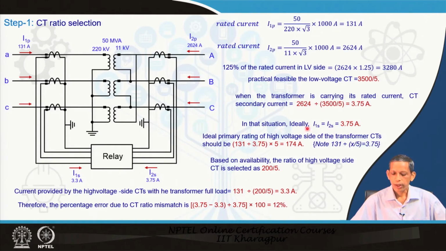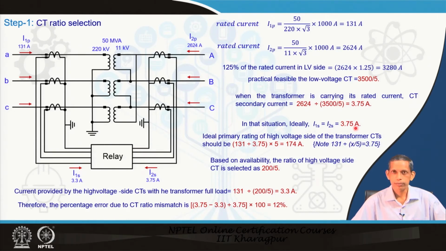In that situation, ideally the secondary current on the high voltage side should also be 3.75 ampere. So, our CT selection should be such that the current from this side is the same amount, so that the differential current becomes 0, which is the normal situation, and then we say that our selection of CT is ideal and justified.